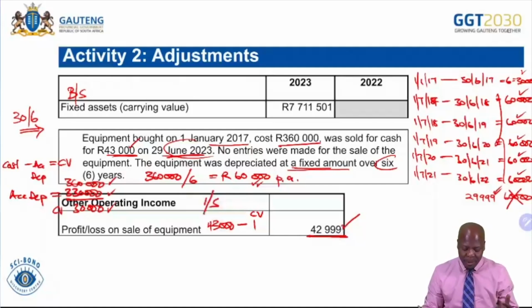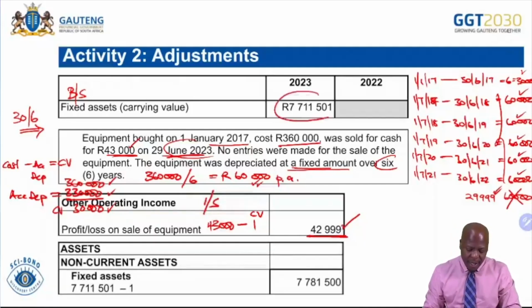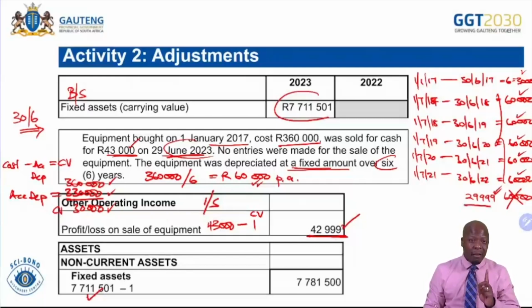When we now come to our statement of financial position, we take the amount in the list of balances, which is 7,711,500. And then we know that we had an asset that we were still recording in our books, which had reached the end of its useful life. And we had 1 rand carrying value on it.